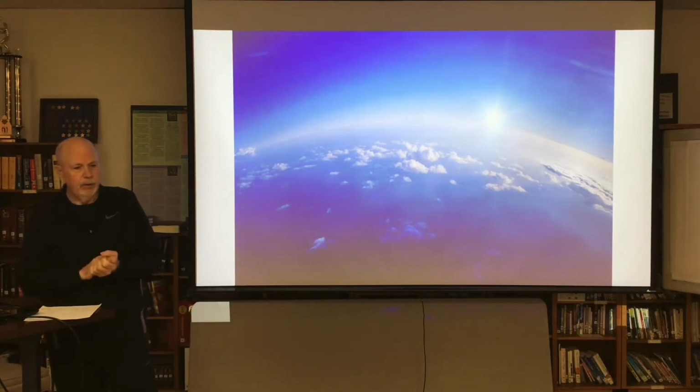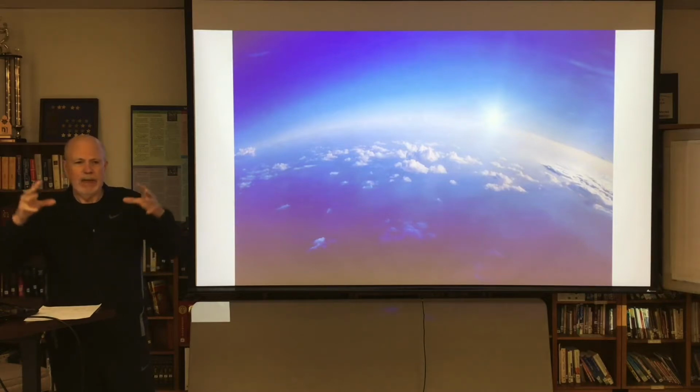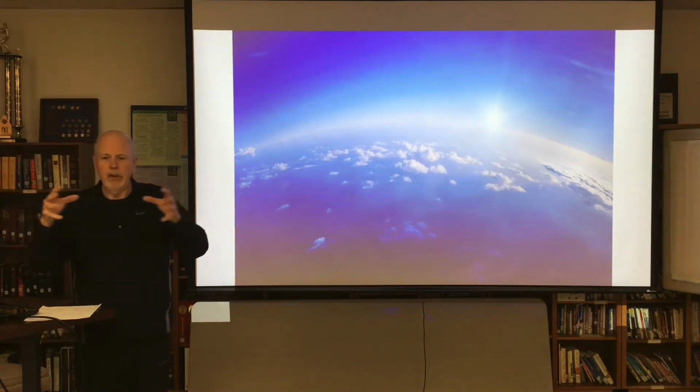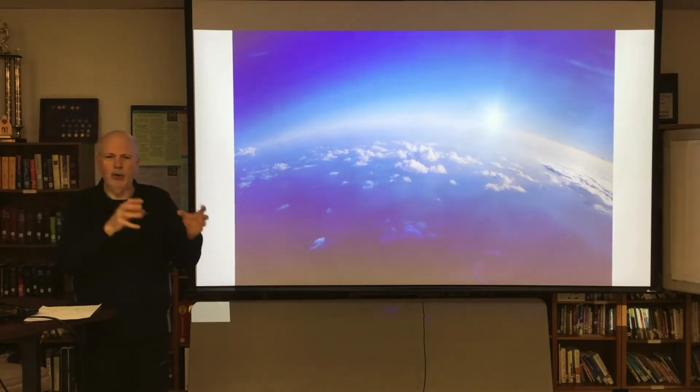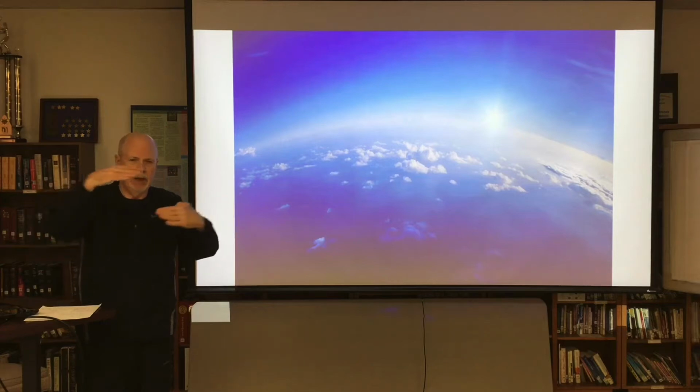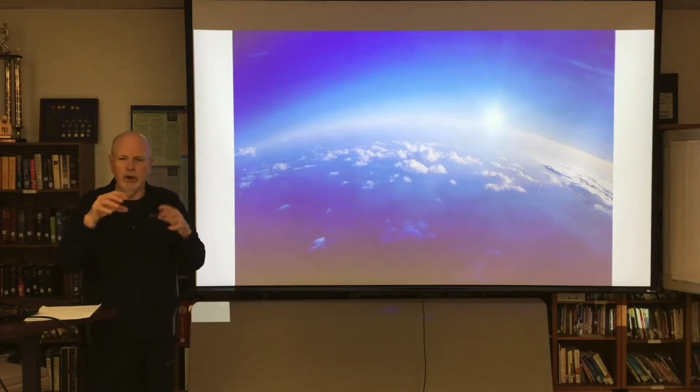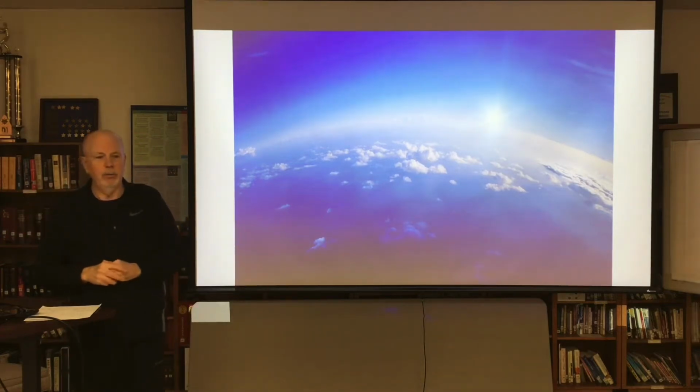So today we want to talk about wind and precipitation. Wind is caused by the heating of the atmosphere, causing the warmer air and the cooler air to mix together and influence each other, causing the air molecules to move.